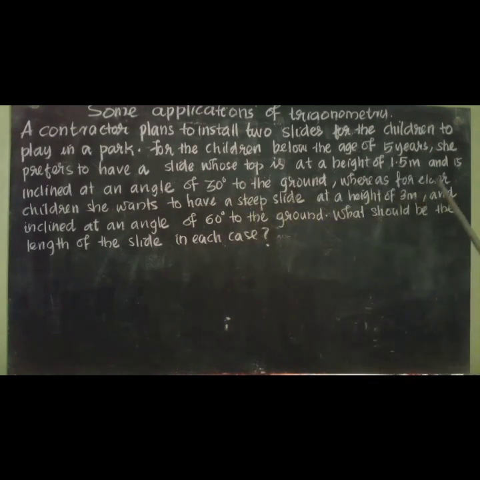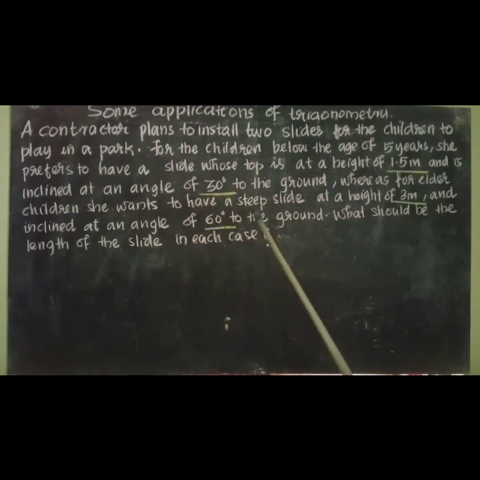Whereas for elder children, she wants to have a steep slide at a height of 3 meter and inclined at an angle of 60 degrees to the ground. What should be the length of the slide in each case?